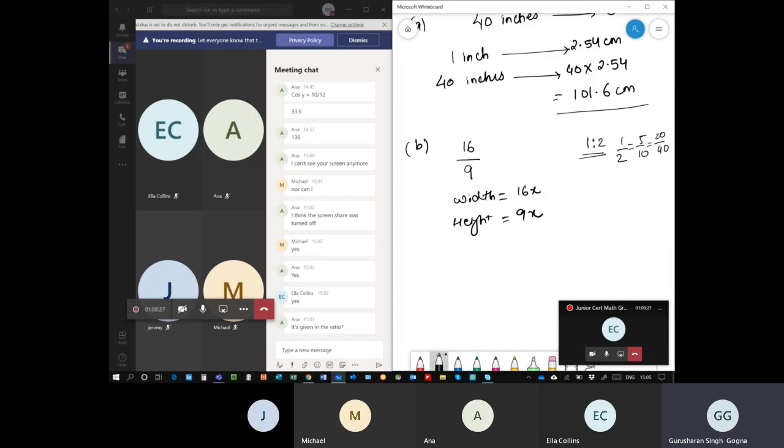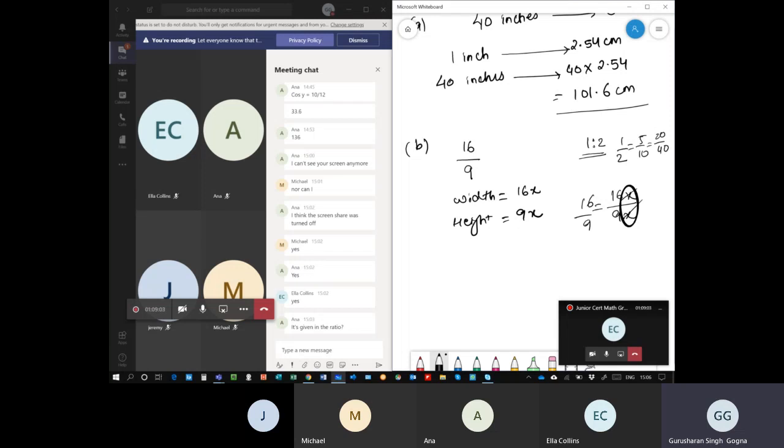We don't know what's the value of x at the moment, but we know that the ratio is 16/9. The top number is related to width, and it should be a multiple of 16, and the bottom number should be a multiple of 9. So the x will cancel and give you the 16/9 ratio. So you just assume 16x and 9x.